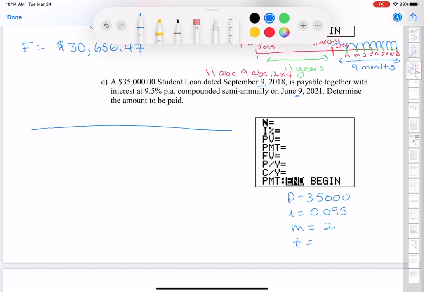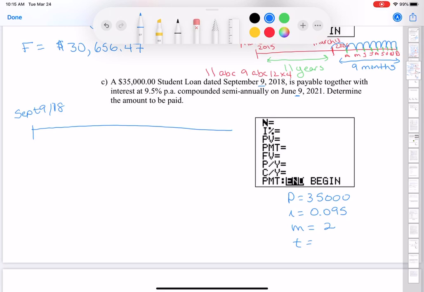All right, so we're starting on September 9th, 2018. And I'm suggesting that we want to count to the closest September, and we have to determine what comes first. Does September come first, or June in the cycle of 2021?